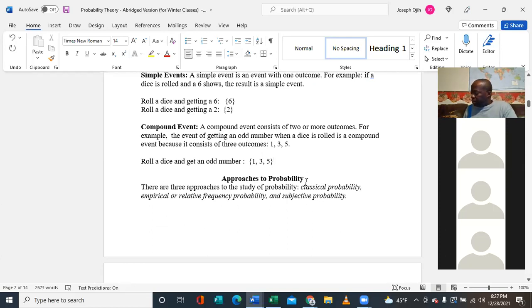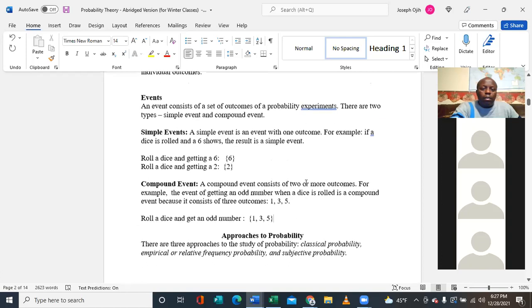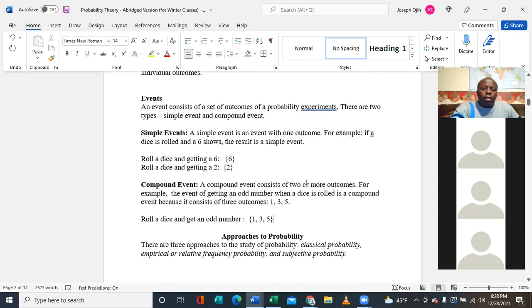So, Professor, you're saying that sample space is a set of all possible outcomes, while a sample event is just one outcome. It's a simple event, not sample. I didn't say sample event. Say simple event. I just gave the example here. Sample space is all the possible outcomes, all the possibilities.